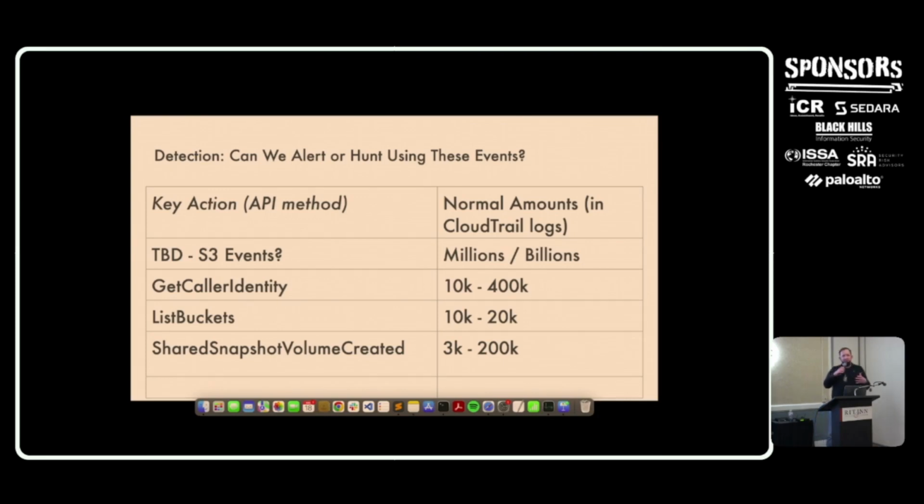Most of the time I don't see CloudTrail data retained longer than 4 weeks, at least not hot data. So most of the time I'm looking at between 1 and 4 weeks. So that's way too many to even think about simple alerting, obviously.